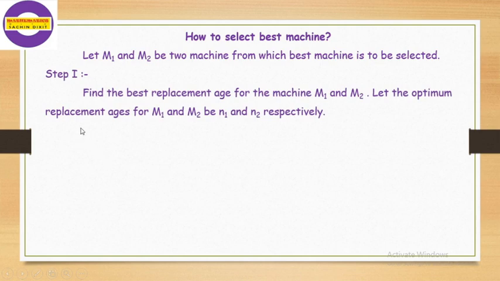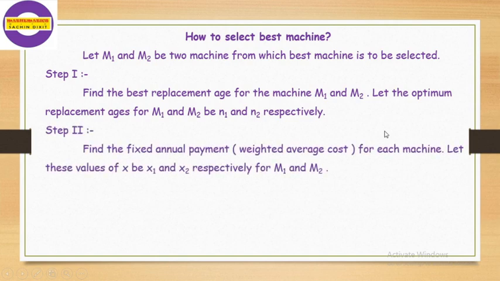Let the optimum replacement ages be N1 and N2 respectively. Step 2. Find the fixed annual payment, that is the weighted average cost, for each machine. Let these values of X be X1 and X2 respectively for machines M1 and M2.